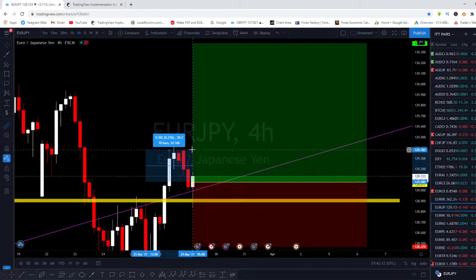So let me set stop loss, take profit for Euro JPY, guys. Then I'll send it to you. But let me send it to our free Telegram channel as well, so that they will not miss it out, right? So let me set stop loss, take profit so that we can have our data correctly.